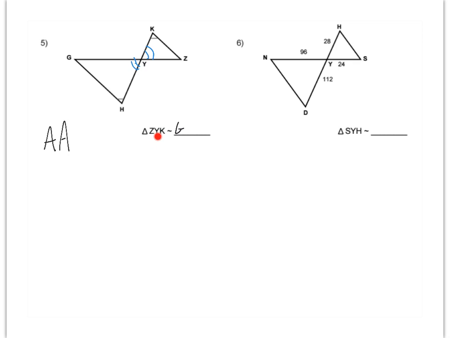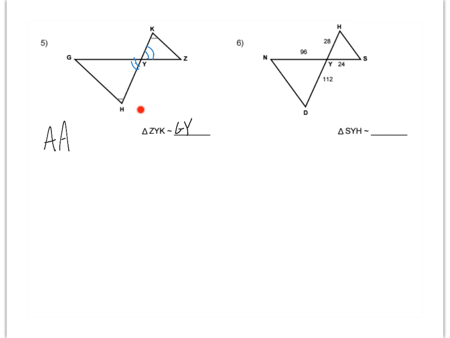My next letter, Y, has 2 markings on it. Well, this is going to be Y again. Another thing that helps me out with that is a shared point. Anytime I have a shared point, see both triangles have Y on them, they need to be in the same spot in similarity. See, the Y is second, the Y is second.